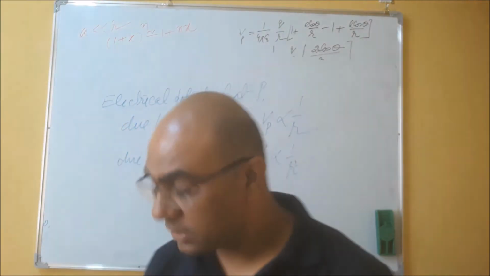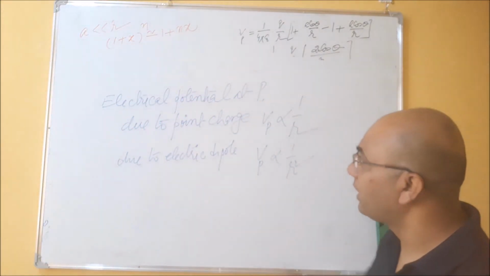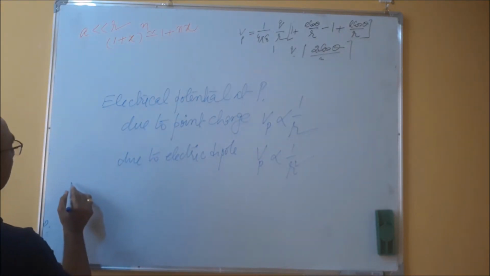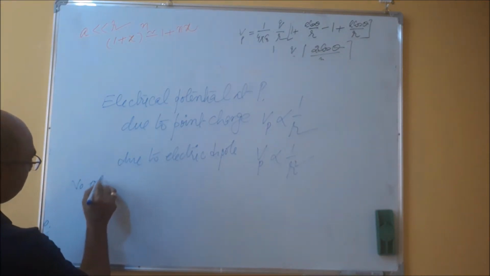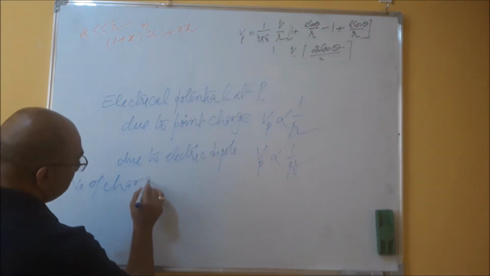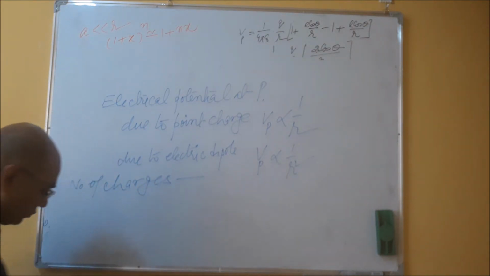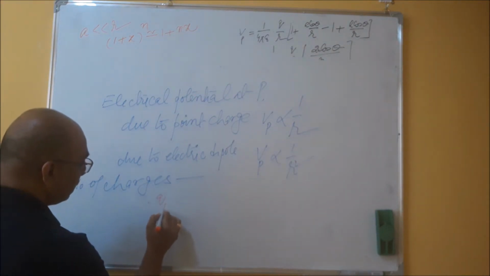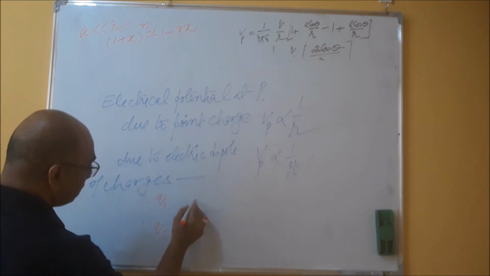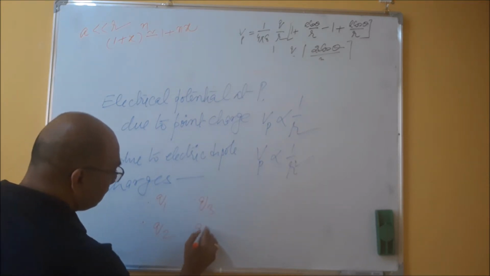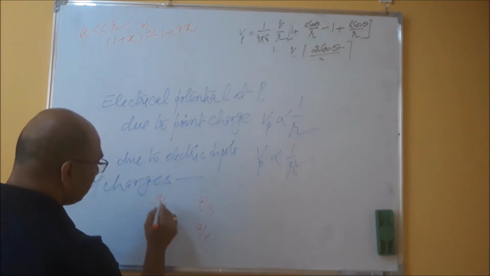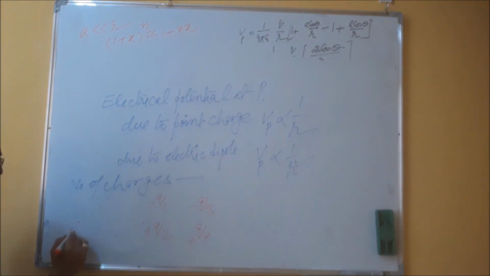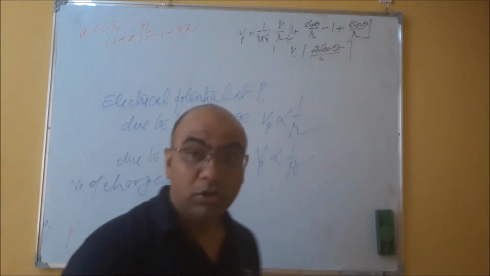Then the next, third point. Suppose I have a number of charges, q1, q2, q3, q4. Suppose this is minus, this is also minus, this is plus, and this is plus, and this is the point P. So what is the question?